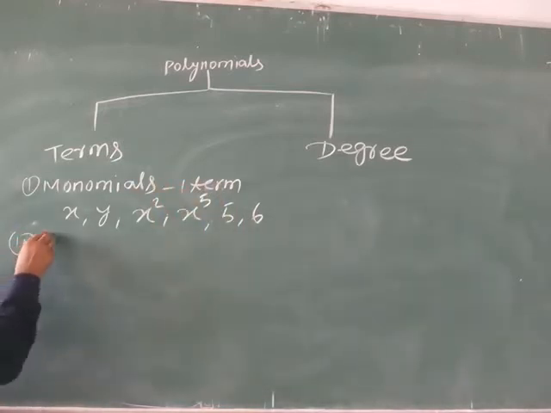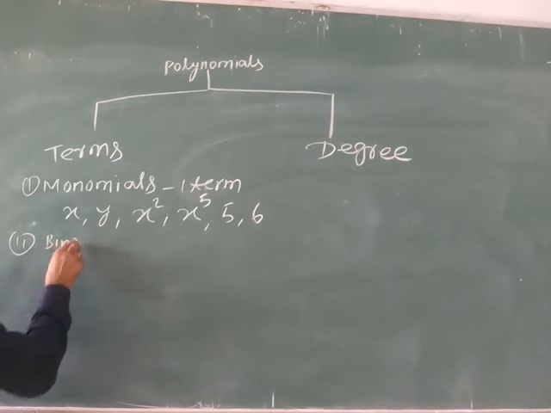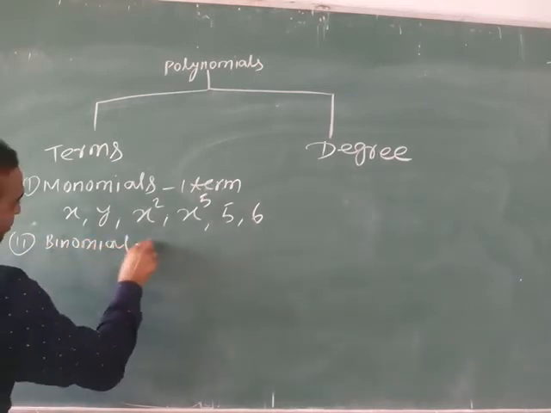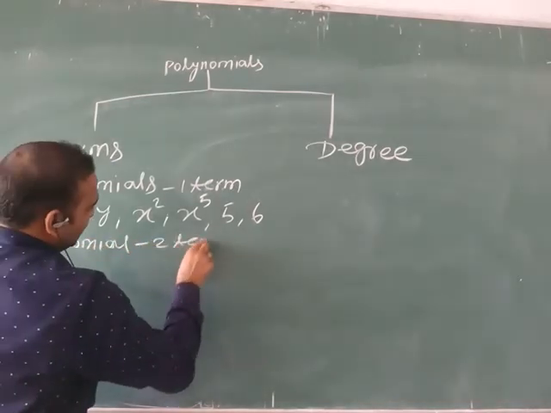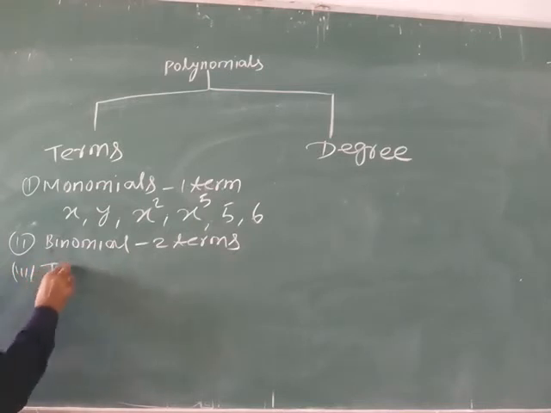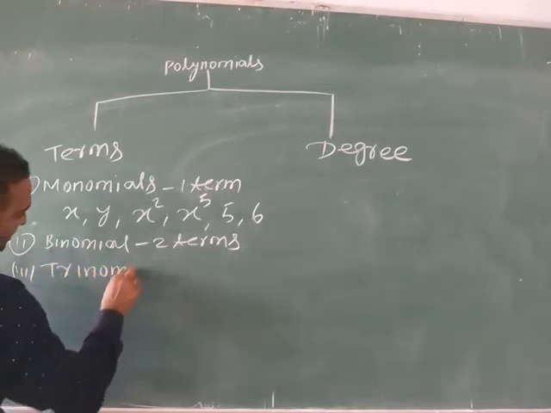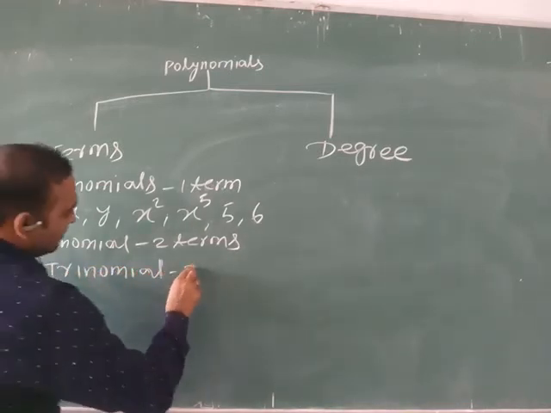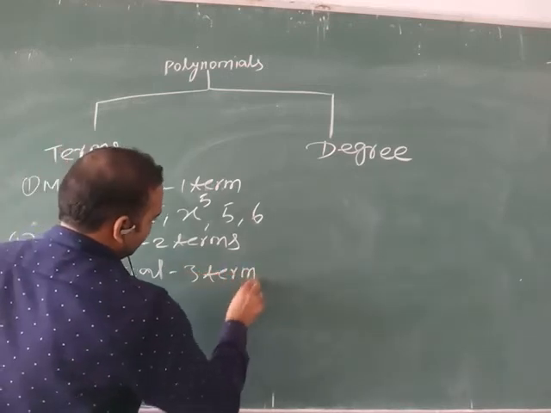The second one is binomial, 2 terms. Similarly, trinomial, 3 terms.